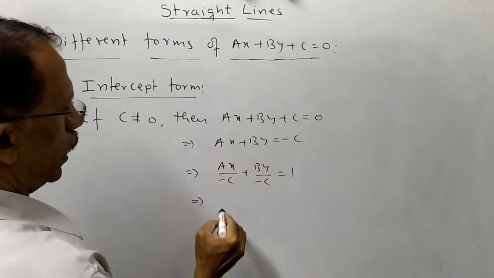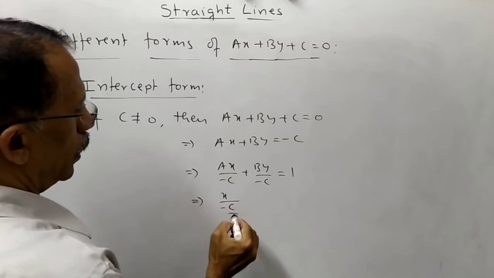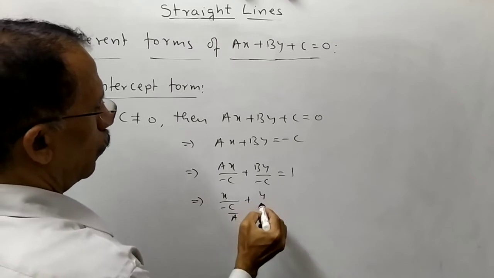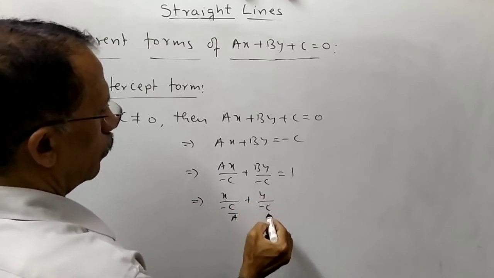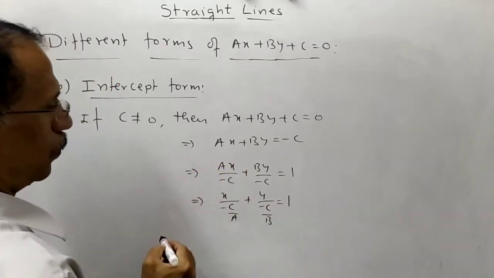This can be written as x divided by minus c by a plus y divided by minus c by b is equal to 1.